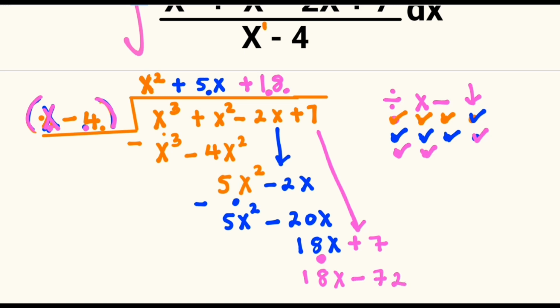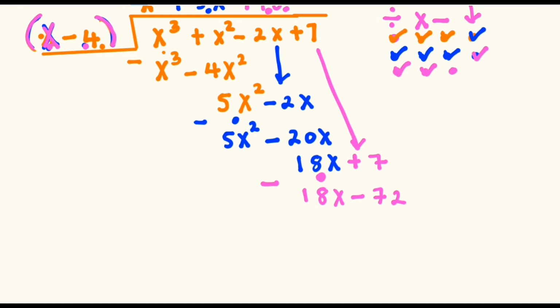We multiplied, now we minus. 18x minus 18x will be equal to 0. 7 minus negative 72 will be equal to 79. We are done with the minus, and we cannot drop down any term, so our remainder will be equal to 79.